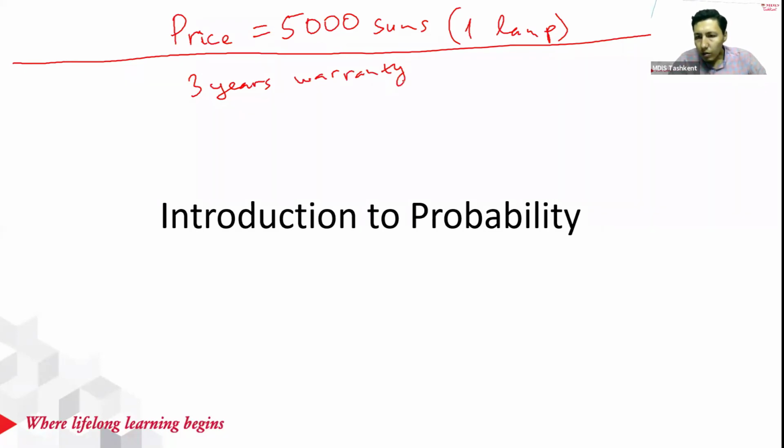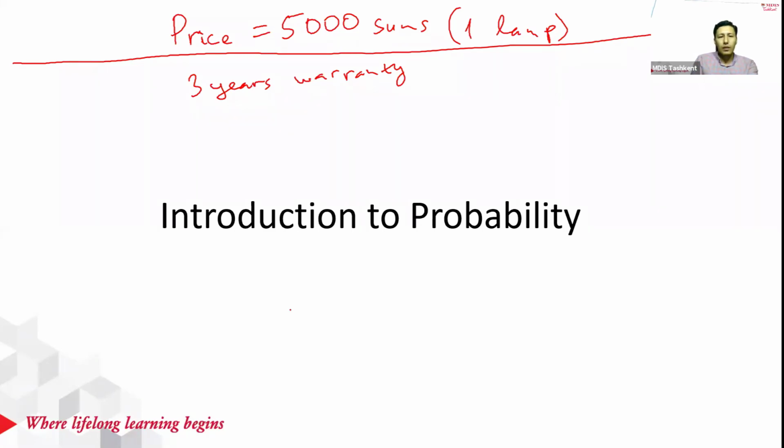One interesting question: what's the probability of getting a car among 3,000 volunteers during a day? 1 over 3,000. Okay, so you want to give 3 years warranty.